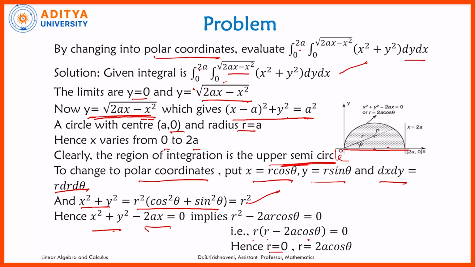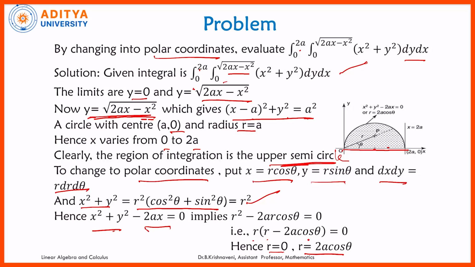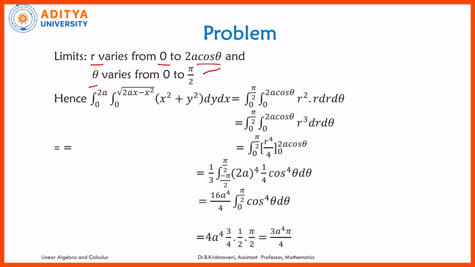Therefore r is equal to 0 and r is equal to 2a cos theta. So r varies from 0 to 2a cos theta, and theta, what about theta? To cover this area, we need to go from the initial line, theta is equal to 0, to theta is equal to pi by 2.